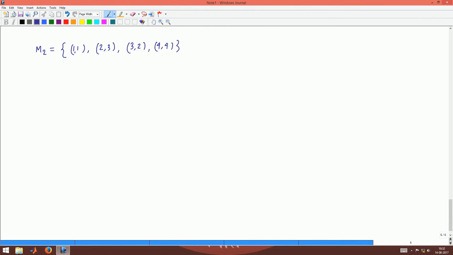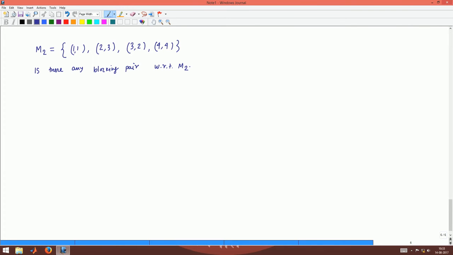This is another matching, and the question is: is there any blocking pair with respect to M2?